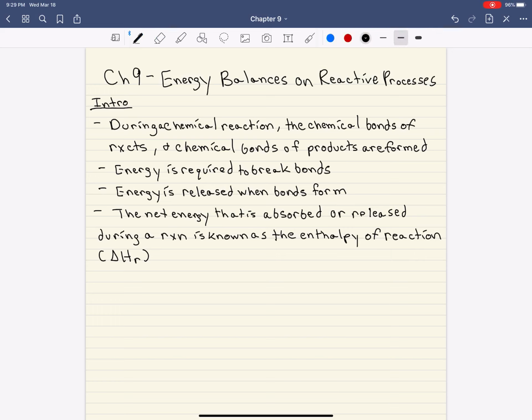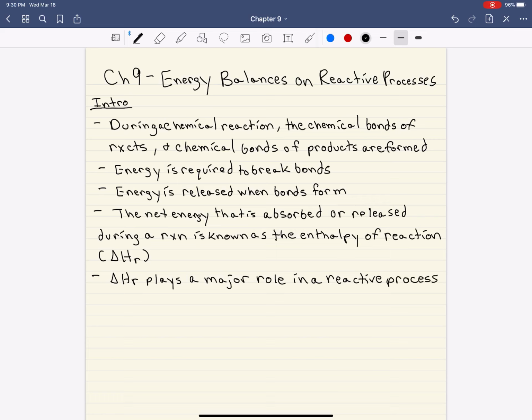This delta H of reaction is going to play a major role in any sort of reactive process.